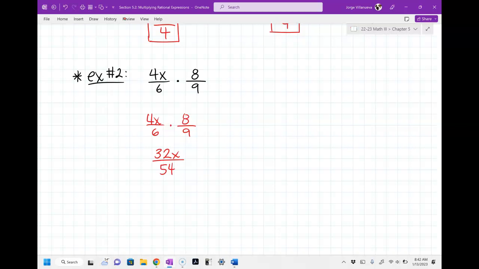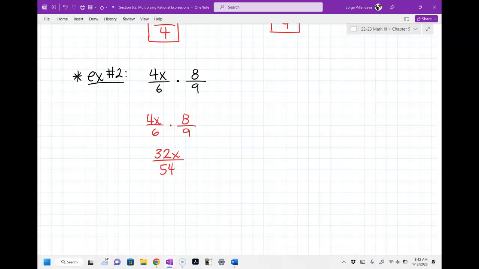What's 16 times 4? I think that's what I'm looking for. Yeah, this is going to be a 4, but then this 2 goes here, so that's too much, right? That's too much. All right, what else divides 32? 8? Does 8 go into 54? No, 8 times 7 is 56.